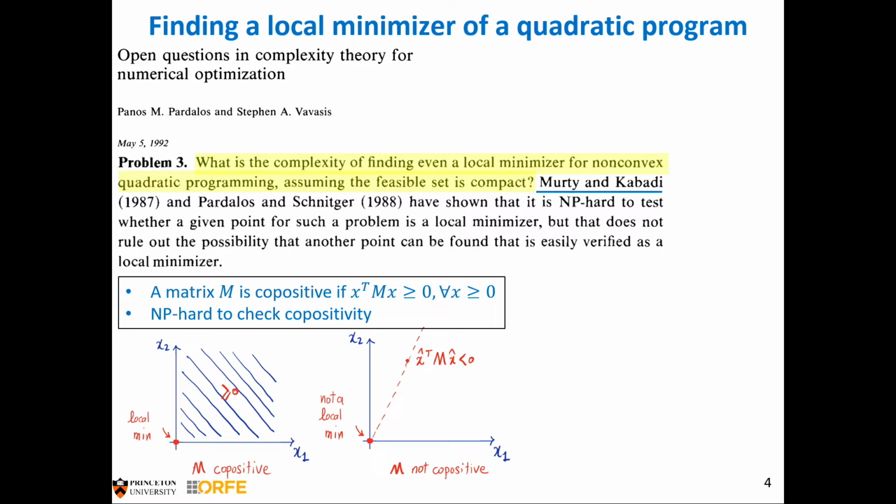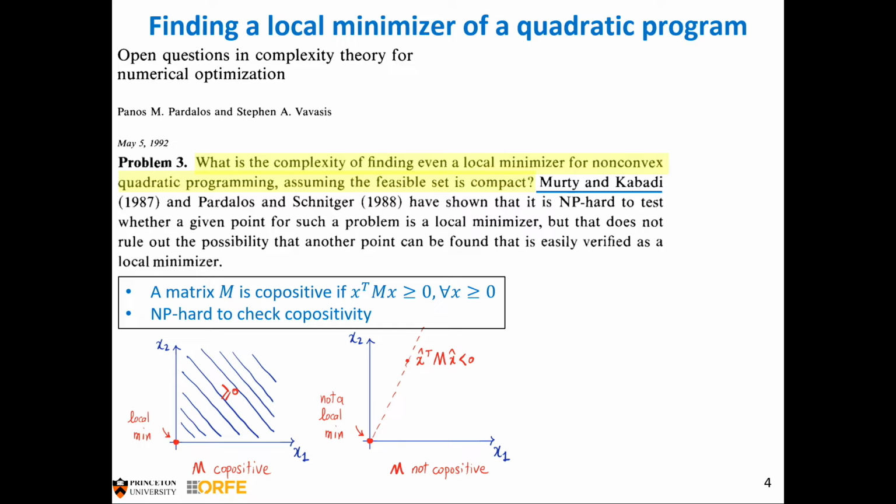To make this distinction concrete, let me tell you how they proved this result. If you believe that checking whether a matrix is copositive is NP-hard, then this is a one-line reduction. A symmetric matrix M is copositive if its quadratic form is non-negative over the non-negative orthant. That's an NP-hard property to check.